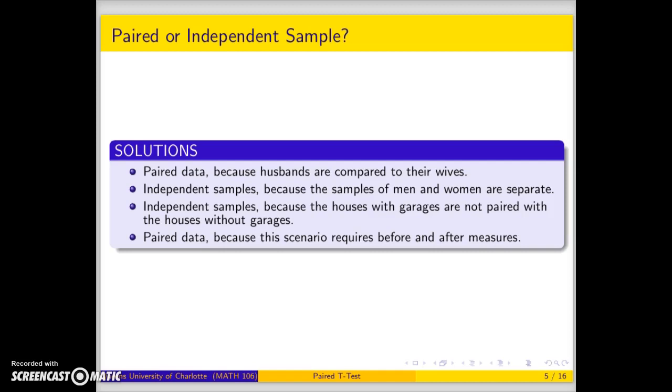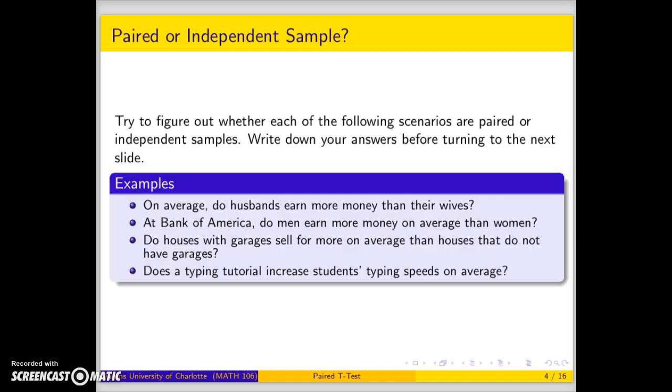So the difference of the first two examples is that in the second one, we're not comparing specific pairs to each other. So we don't have that wife and husband pair. We have two separate samples. Okay, so for the third example, do houses with garages sell for more on average than houses that do not have garages?